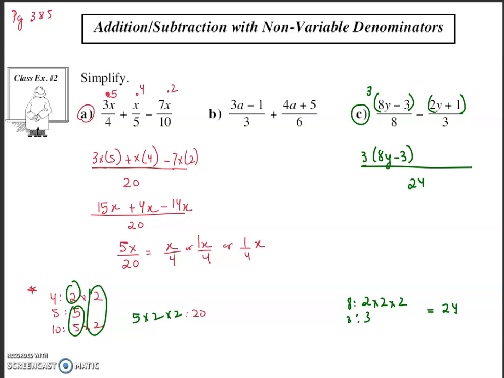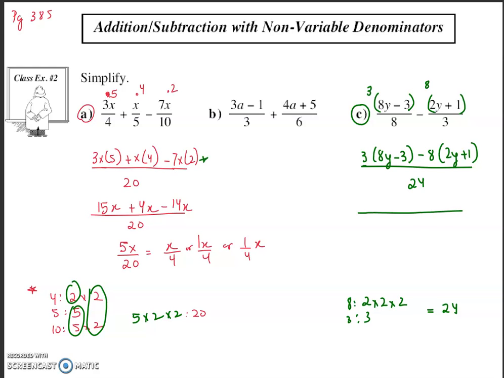In the second one here, this one is an 8, and in order to become a 24, this one needs to be multiplied by 8. So the 3 needs to be multiplied by 8. So this is minus 8 times 2y plus 1. Now, we've written down what they need to be multiplied. The next thing is to actually multiply it out.